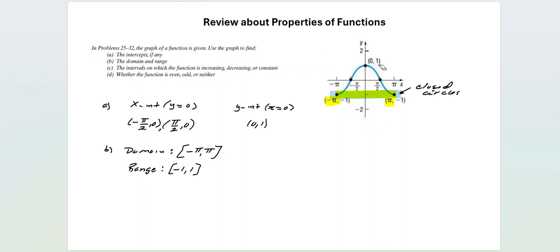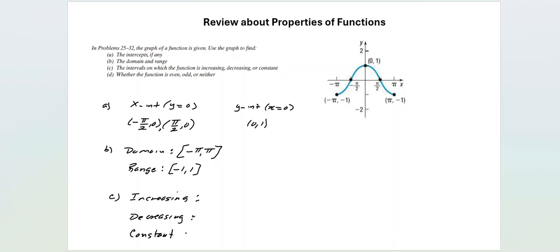the function. The next they ask you is to find the intervals where the function is increasing, decreasing, or is constant. So increasing, like this, decreasing, and then intervals where the function is constant, like here.